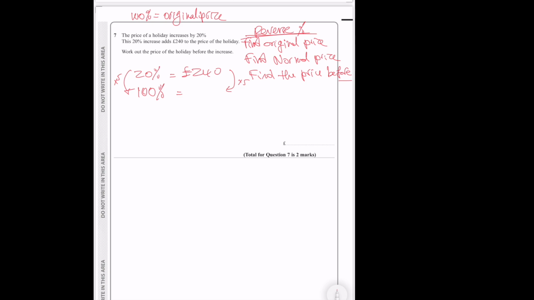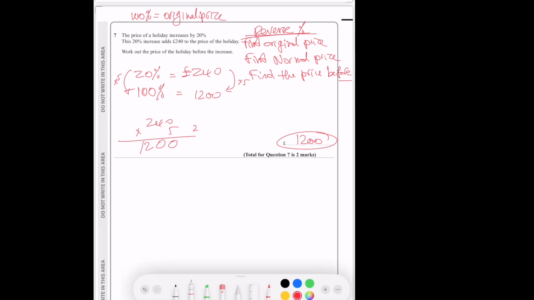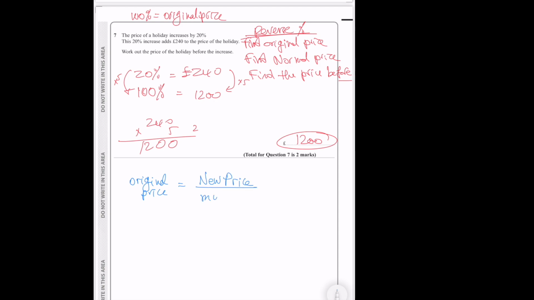And then if you multiply 240 by 5, the answer is 1,200. You can also find the original price using this formula. This is my formula: original price equals new price divided by multiplier.